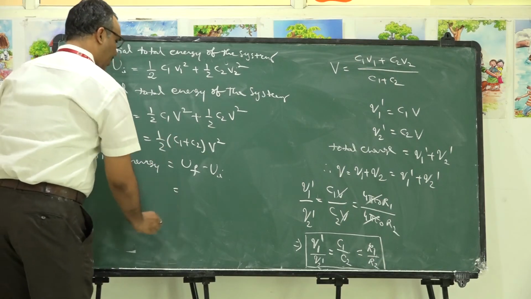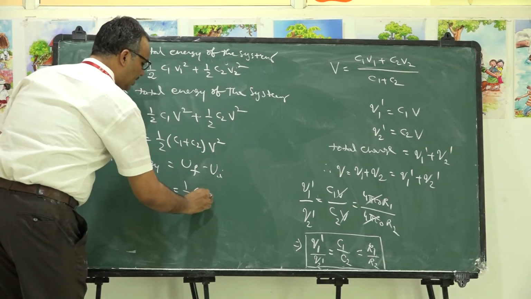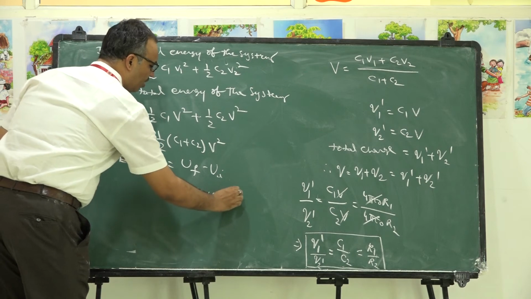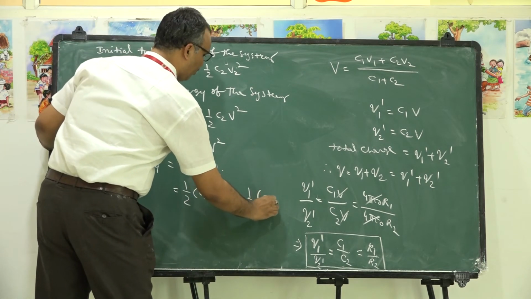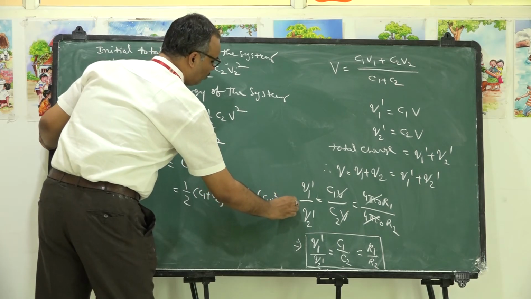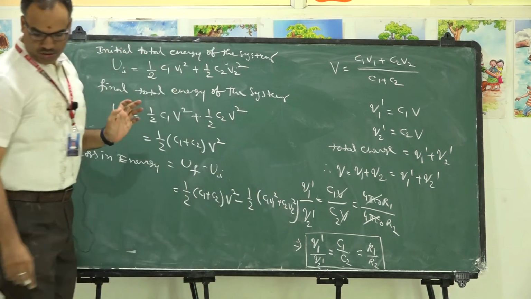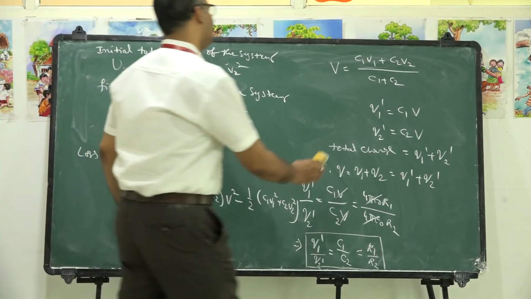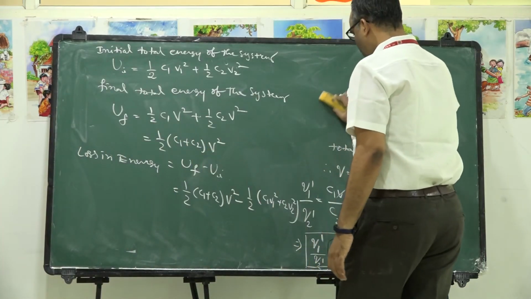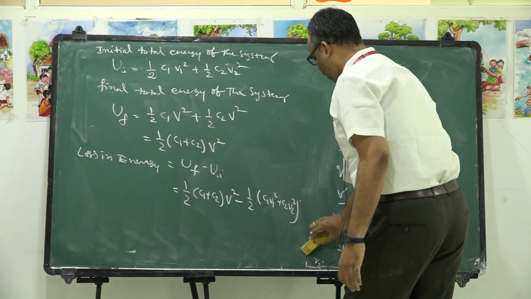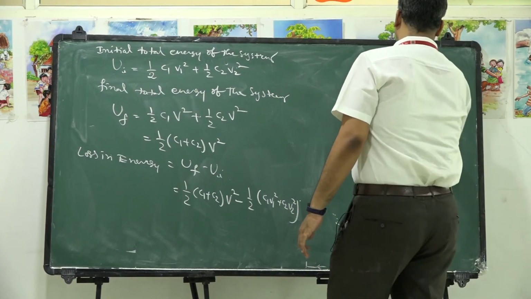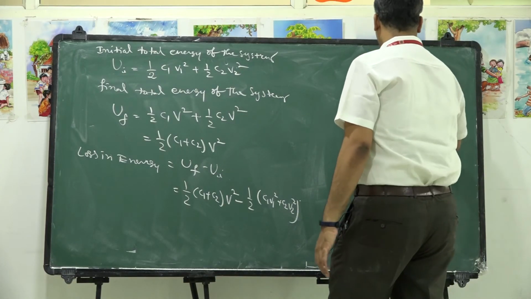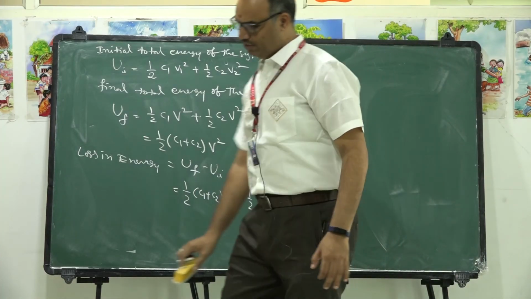So by substituting, half into C1 plus C2 into V square minus half into C1 V1 square plus C2 V2 square. You should do some mathematical simplification here by substituting the common potential value. What is the common potential value? Just now we calculated it as C1 V1 plus C2 V2 by C1 plus C2.